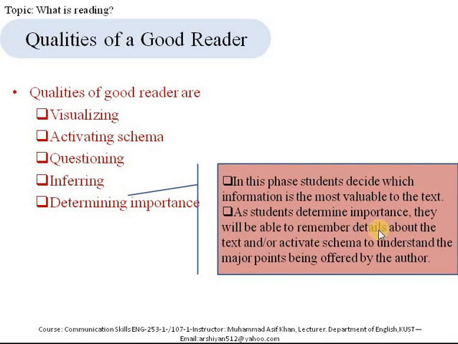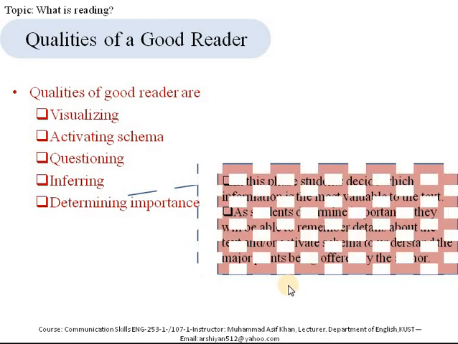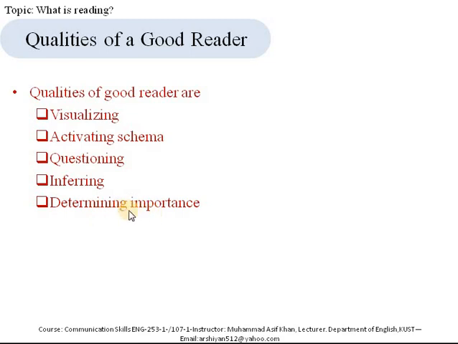And in this way, he activates a schema to understand the major points being offered by the author in that very text. When he is clear about which part of the information is the most valuable part of that text, then it is very easy for him to understand the central idea of that discussion.